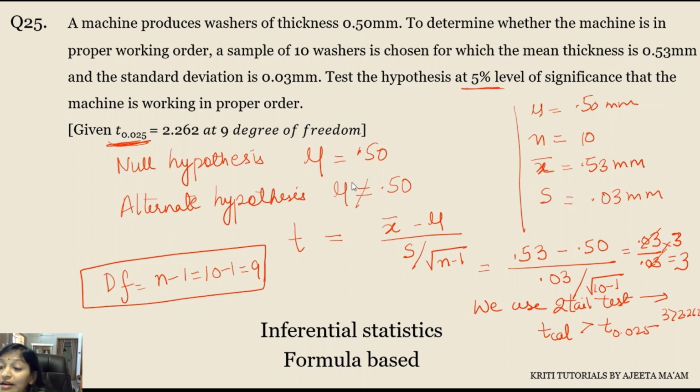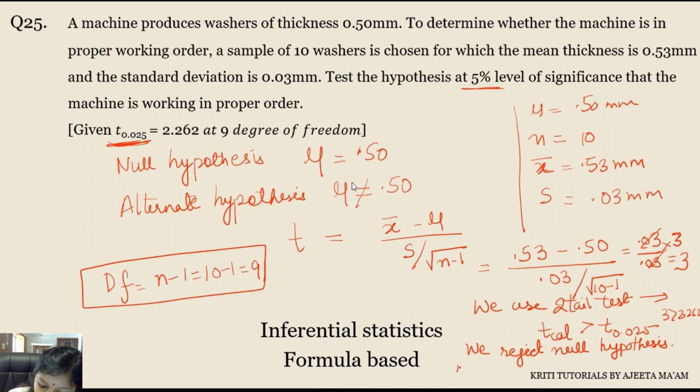Now if t calculated is greater than t alpha, then what is the condition? Then we say that the machine is not working in proper order. That is, we are going to reject it. So, we reject the null hypothesis. Correct? And what will be our concluding statement?